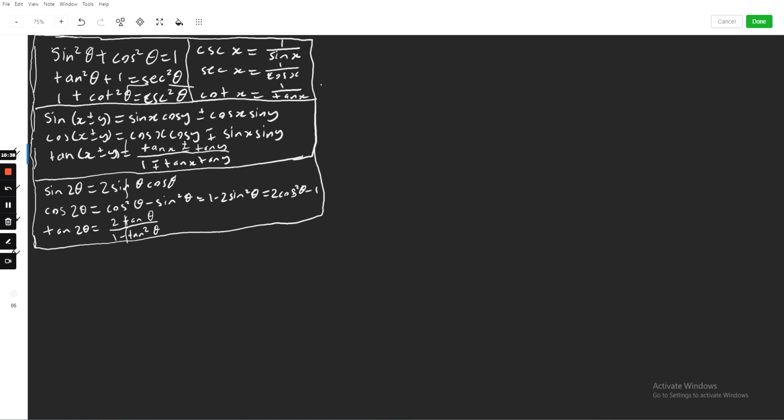Okay. So 1 minus tangent squared x over 1 plus tangent squared x is equal to 1 minus 2 sine squared x. So of course we choose the harder side, which is the left side in this case. So we have 1 minus tan squared x.